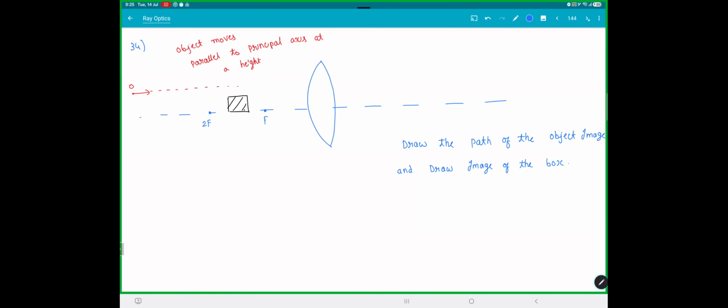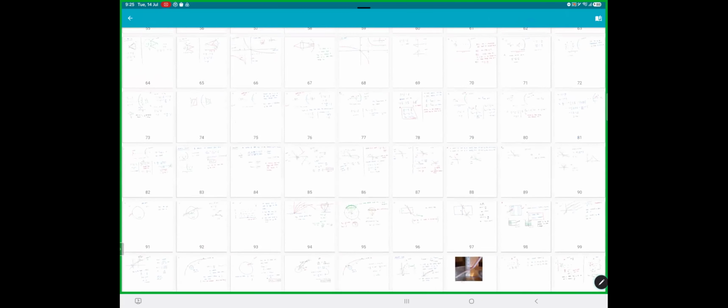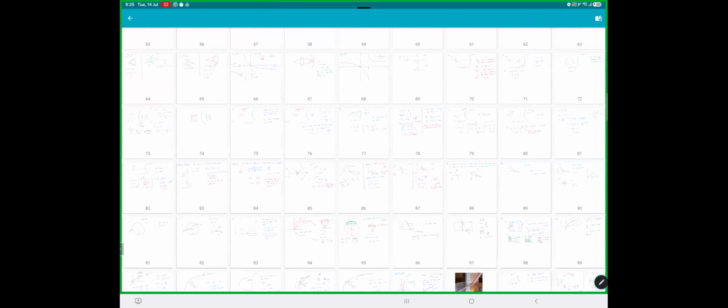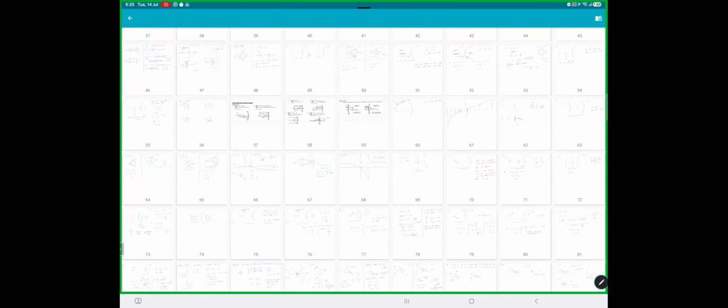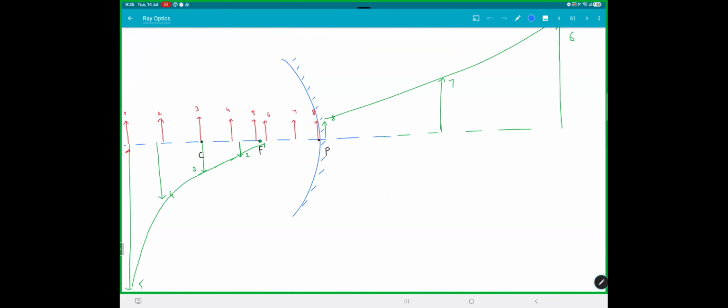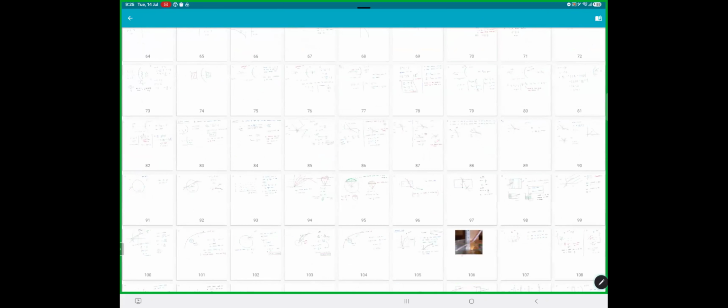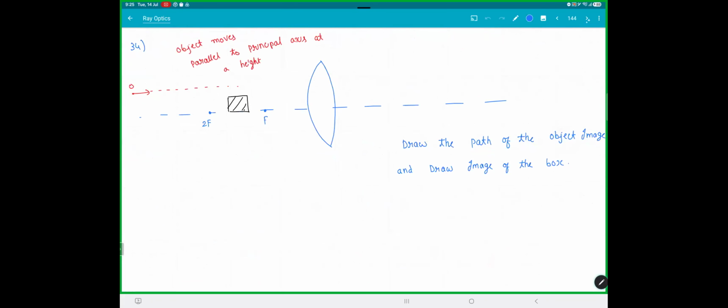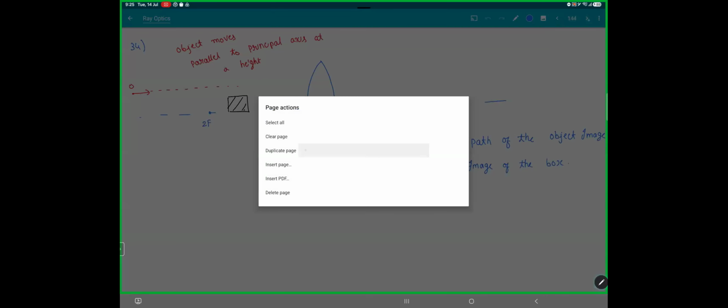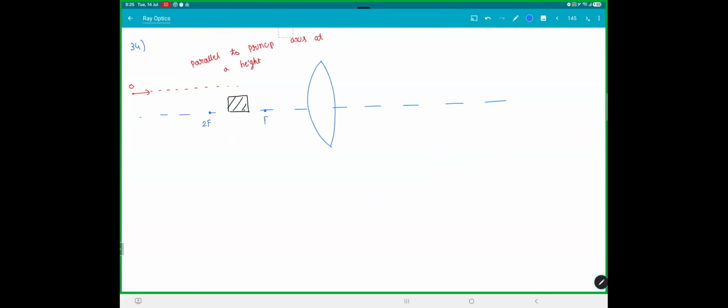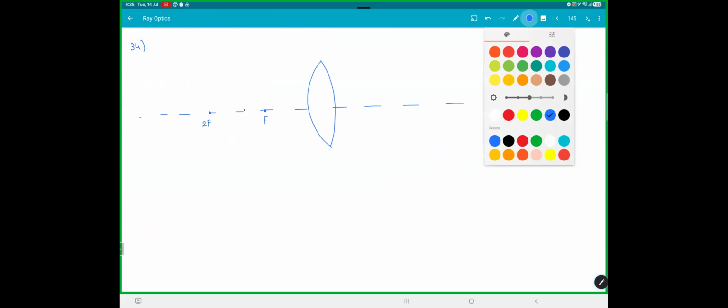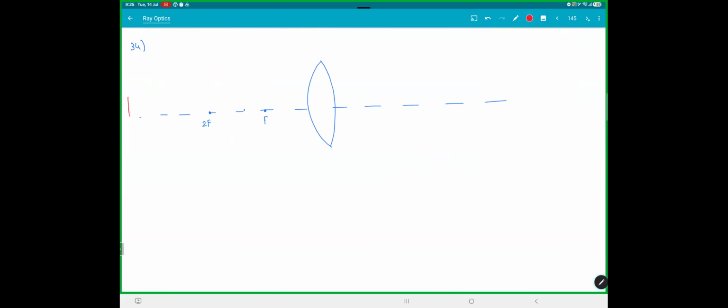How do we do this? Remember, we draw arrows. If you guys remember this question, similar question, isn't it? So instead of solving this, ask like this. Let's say we have an object at infinity.